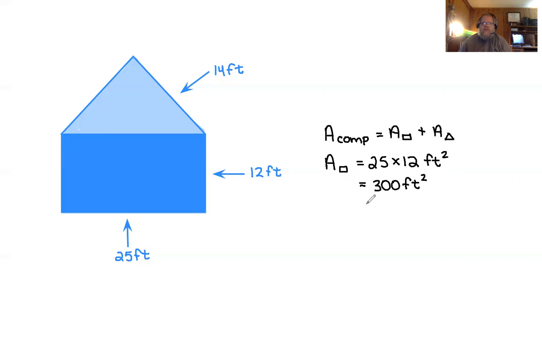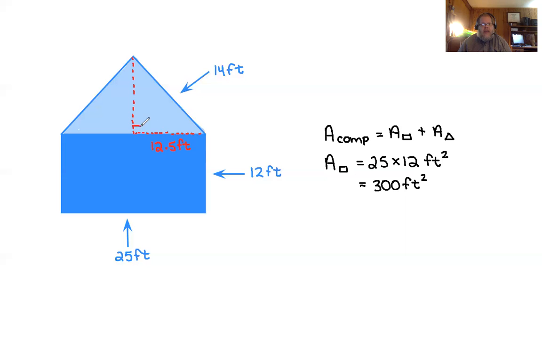Now what we need to do is find the area of the triangle. So I draw the altitude and I draw half of its base. Now, can you already calculate what half of the base would be? Half of the base would be half of 25, which is 12.5 feet.